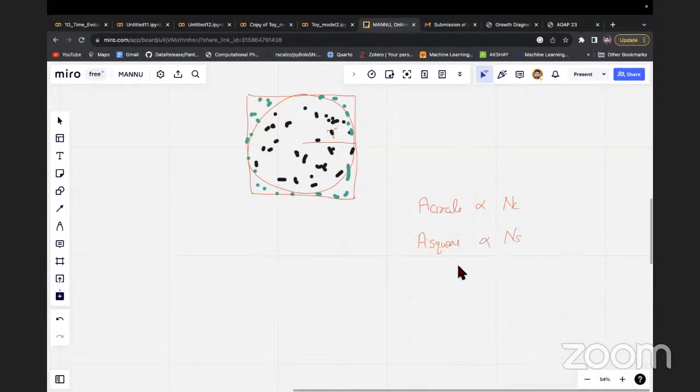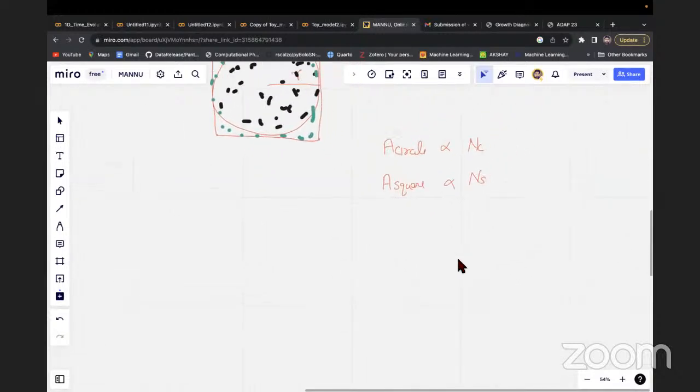Is it fine to assume this if it is filled uniformly? Then, removing the proportionality, what is the area of the circle? Pi r square, divided by the area of the square, which is 4 r square, because one side is going to be 2r. It is going to be equal to NC divided by NS.